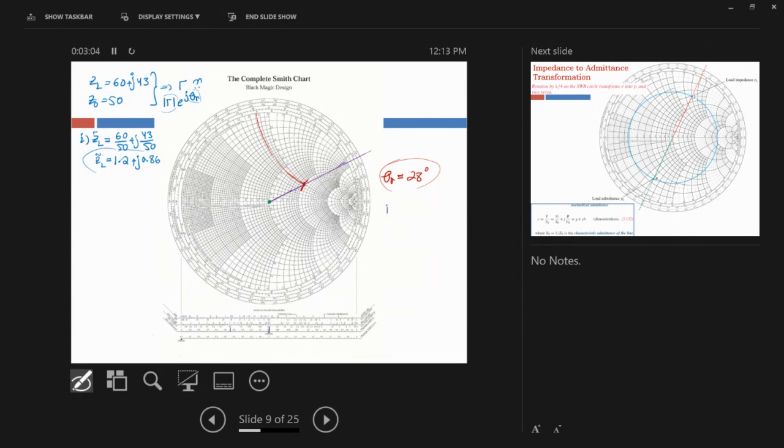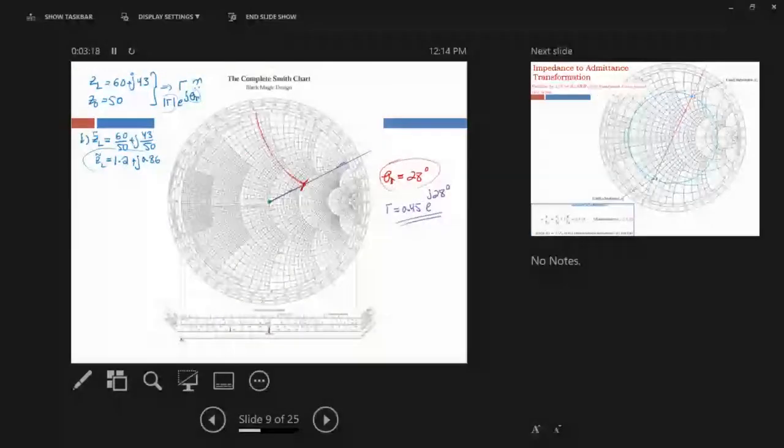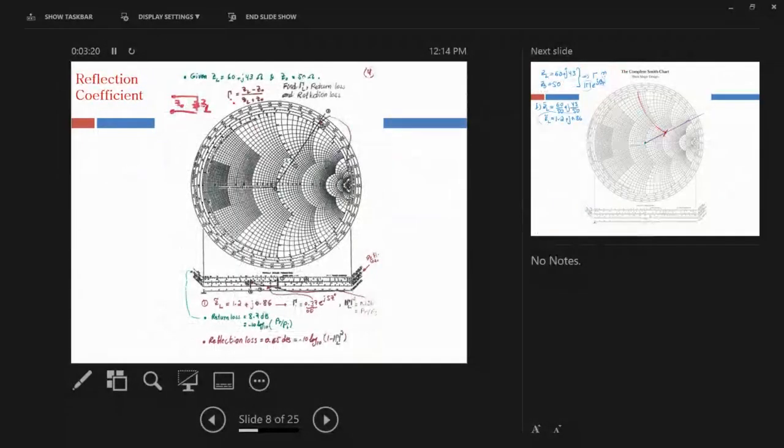So gamma is going to be about 0.45 e to the power of j 28 degrees. Okay, I did this on my own Smith chart at home, and let's see what I got. I got, okay, for ZL, gamma is equal to 0.37 at 57 degrees.